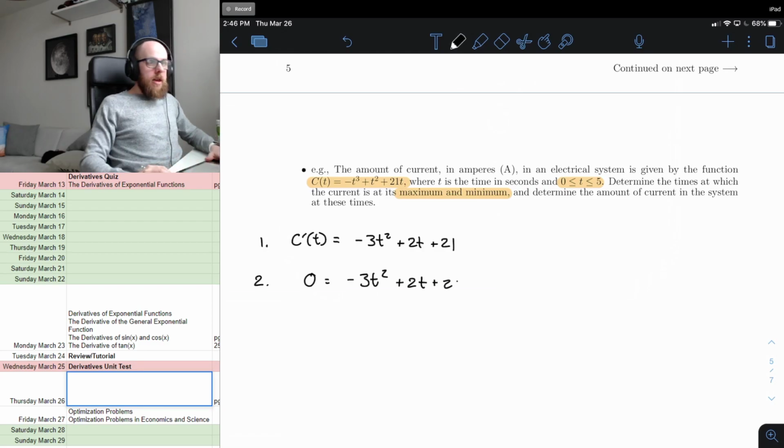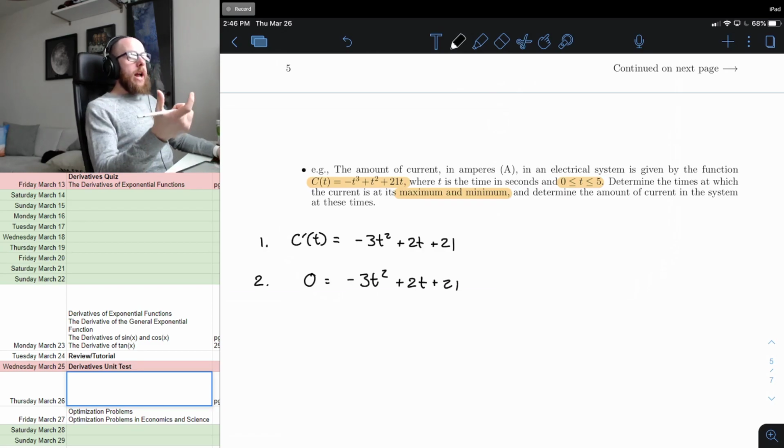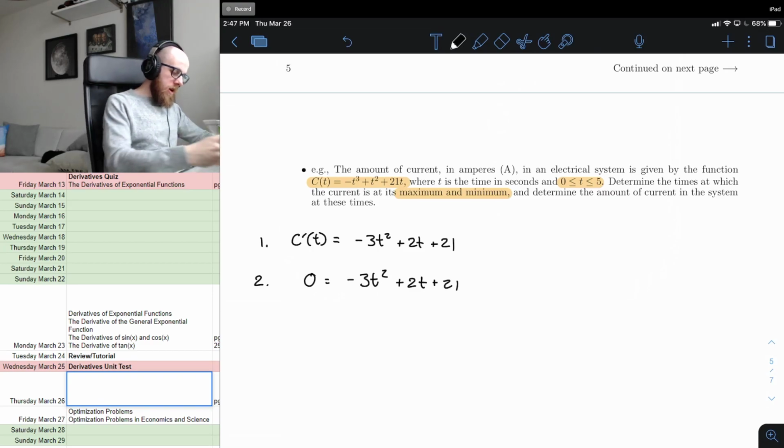Now here I have a quadratic that equals 0, right? And so I need to factor this. I guess I could just use the quadratic formula, right? Let's see if it's an easy sum and product, or decomposition rather. So it'd have to multiply to negative 63 and add to 2.